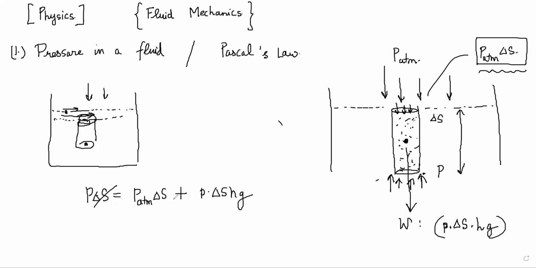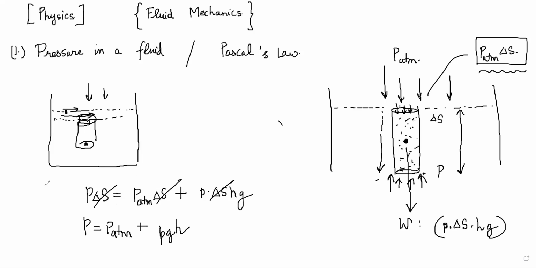So you'll get P equal to P ATM plus rho g h, right? So as you go down, the pressure keeps increasing. Pressure here is P ATM, and as you go down, it is P ATM plus rho g h. Rho is the density of the fluid that we are discussing, right? So this is straightforward.